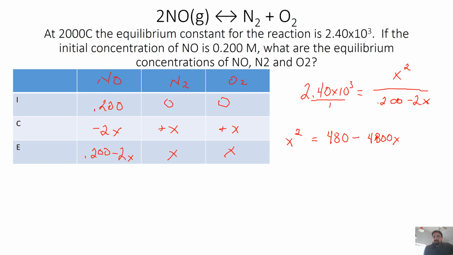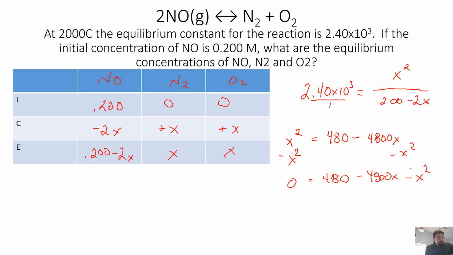Now, to solve this, we're going to want to put it in standard form. So I'm going to subtract X squared on both sides. That's going to give us 0 is equal to 480 minus 4,800X minus X squared.